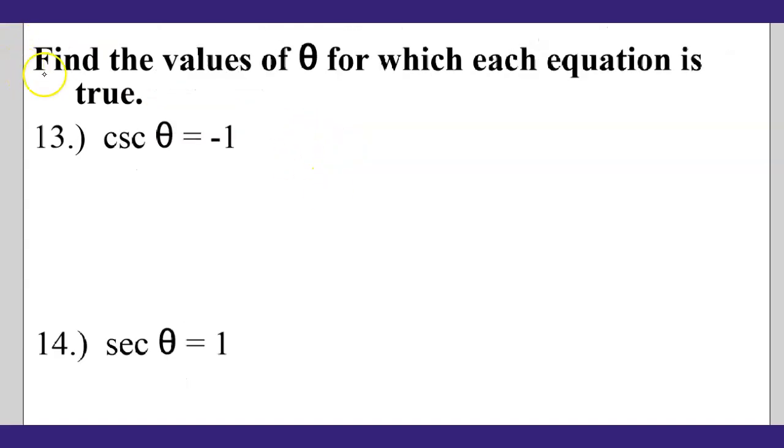Also, number 13 says find the value of theta for which each equation is true. Cosecant of theta equals -1. So here it's telling us to find theta. What theta is going to be -1?